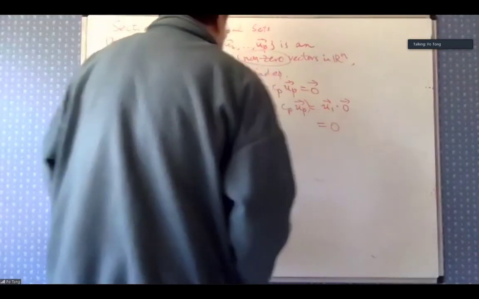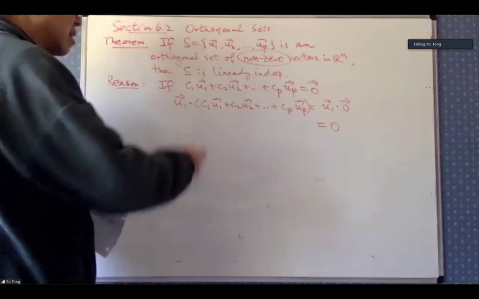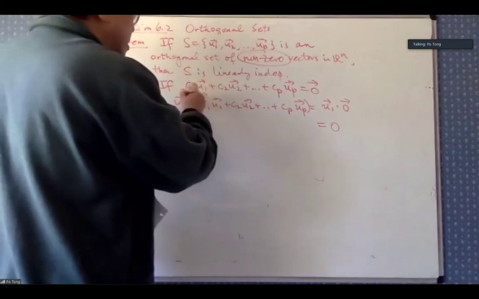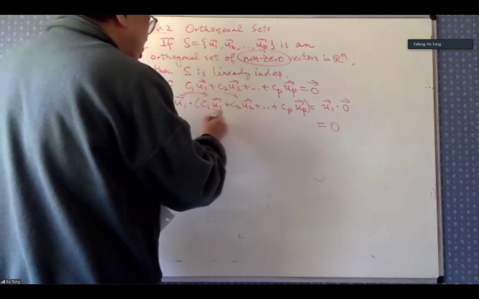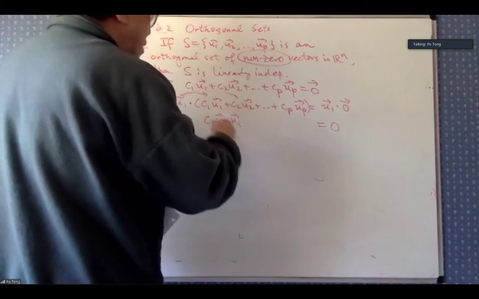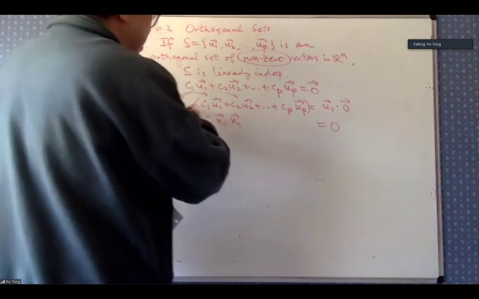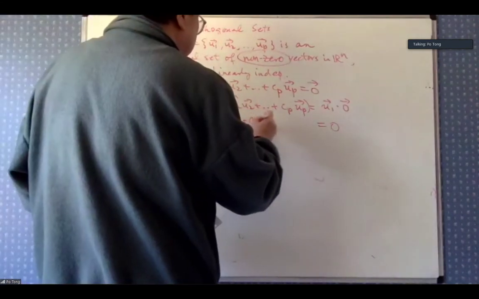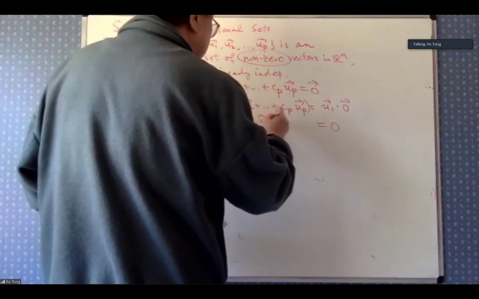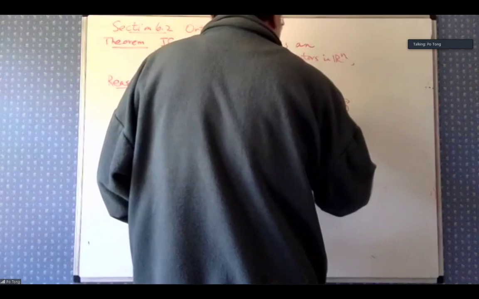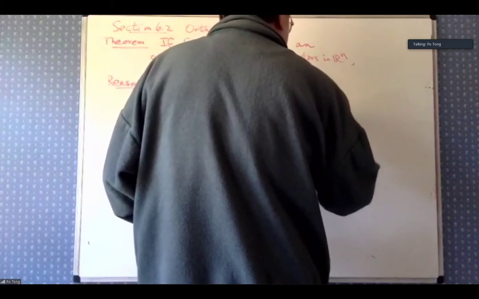On the other side, when you distribute, you get C1, U1 dot U1. How about the other stuff? You have C2, U1 dot U2, and so on, up to CP, U1 dot UP.